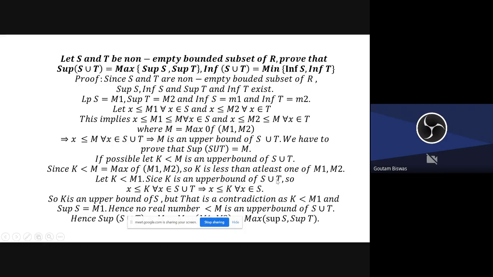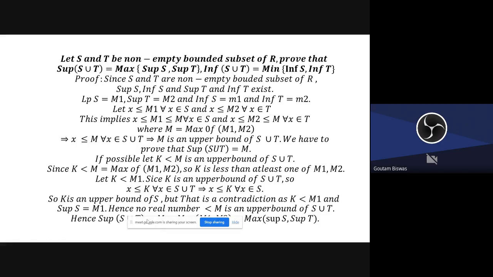Since k is an upper bound of S union T, x is less than or equal to k for all x belonging to S or T. This implies x is less than or equal to k for all x belonging to S. So k is an upper bound of S, but that is a contradiction, because k is less than M1, and an upper bound cannot be smaller than M1, since the supremum of S is equal to M1.